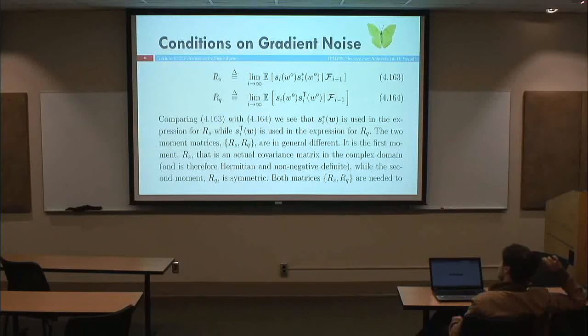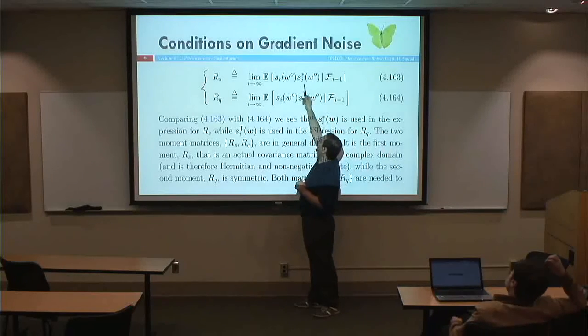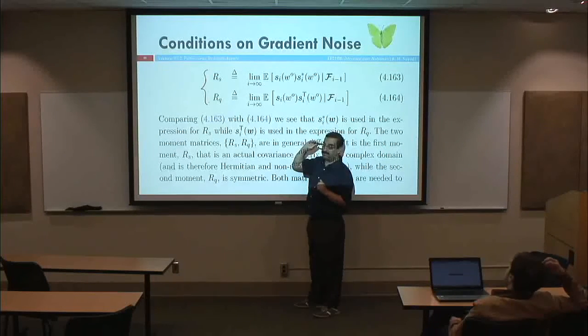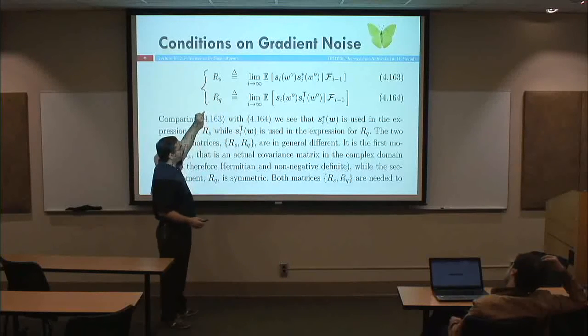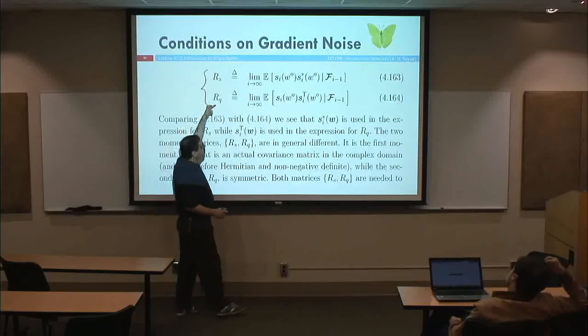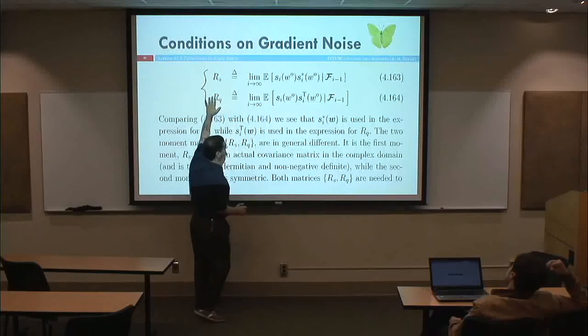So, I'm going to define RS. I defined it before as the covariance of S in the limit at omega 0. I will continue to use this notation, RS, for the covariance, and RQ for the transpose in the limit. I'm going to assume that these limits exist.